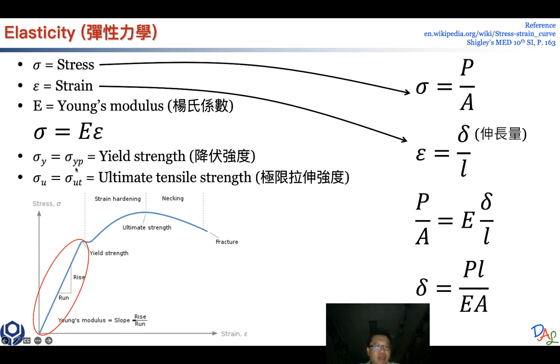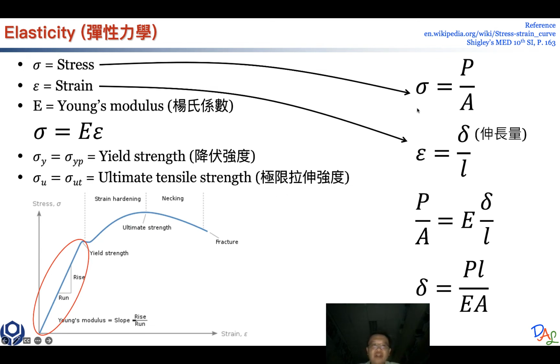Sigma YP, where YP stands for yielding point, represents the yield strength, and UT represents ultimate tensile strength. It's the extreme stress this material can hold. Sometimes in some kinds of design, this value is also an important factor. So sigma UT is the ultimate tensile strength.